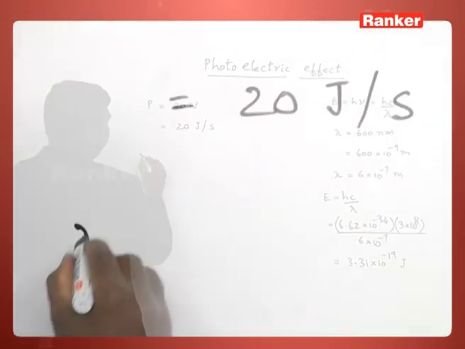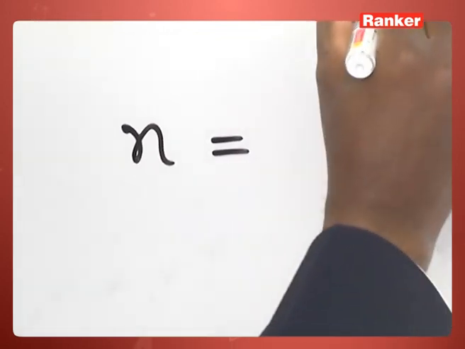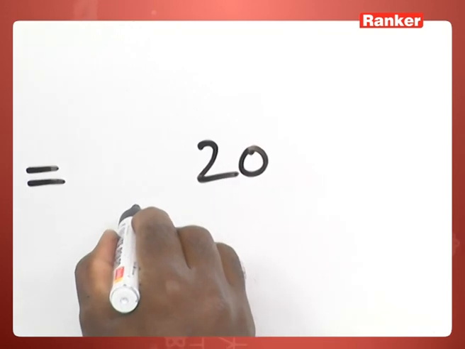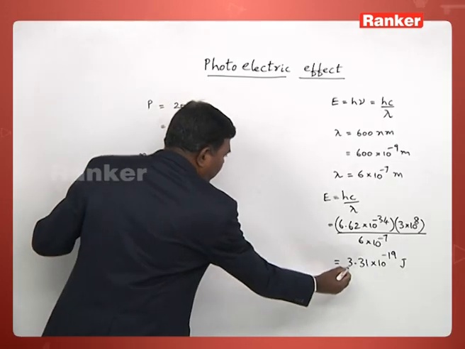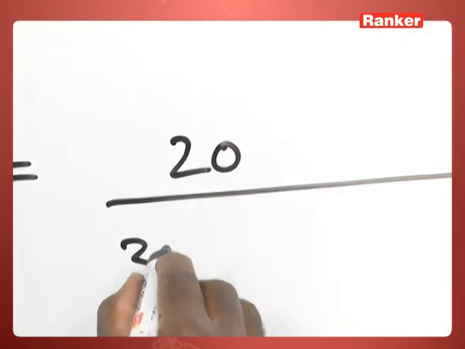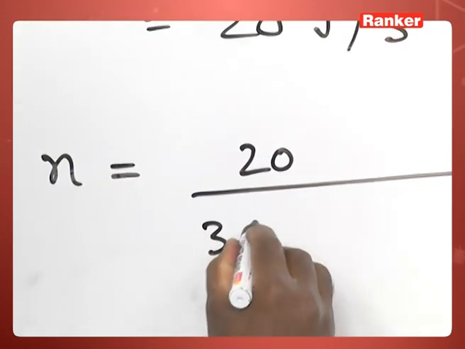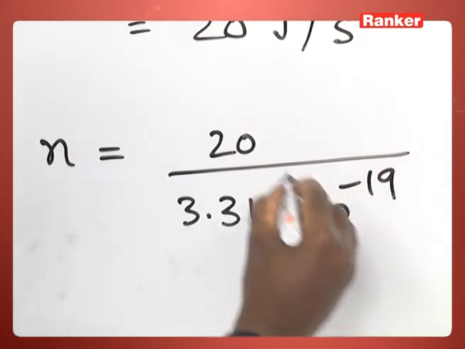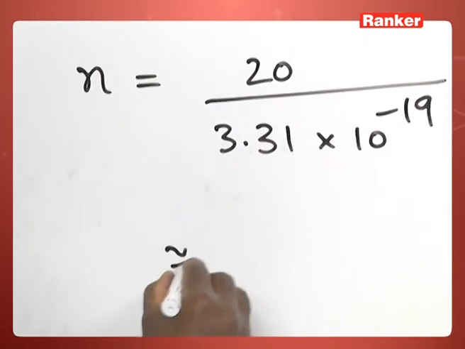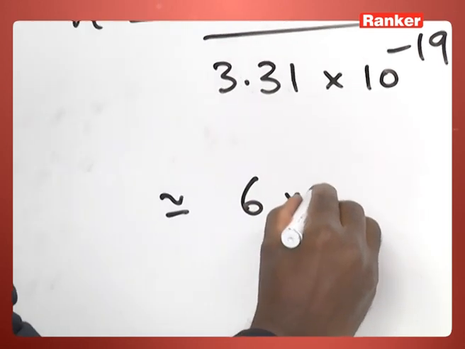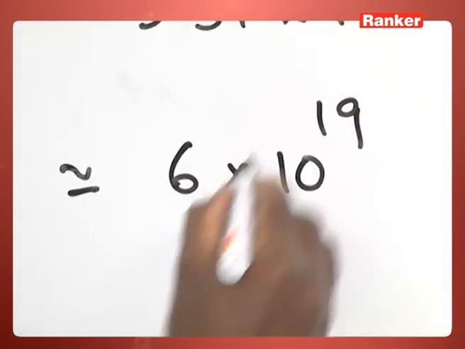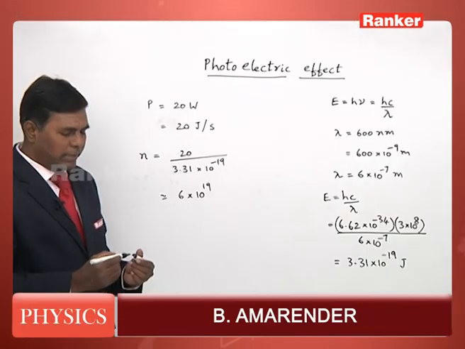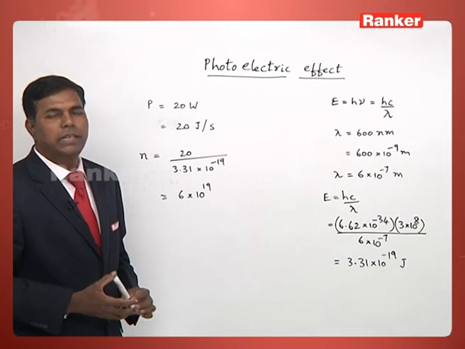Now, in order to calculate the number of photons, the energy emitted by the source is 20 joules in 1 second divided by the energy of each photon, 3.31 into 10 power minus 19 joules. Now, if you solve that, you will get about 6 into 10 power 19 photons. That is an approximate value. 6 into 10 power 19 photons are emitted by the source in 1 second.